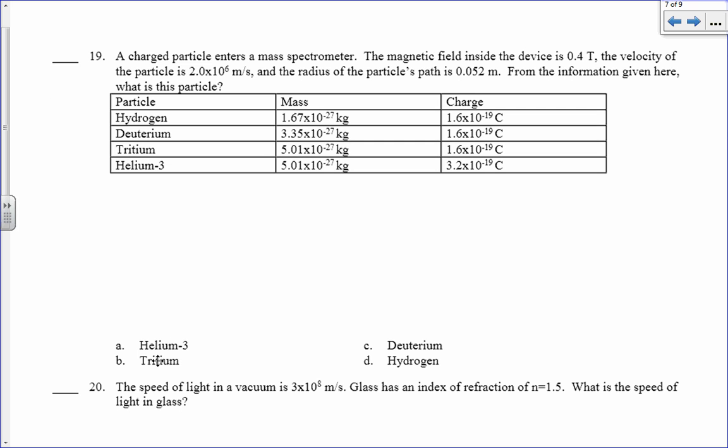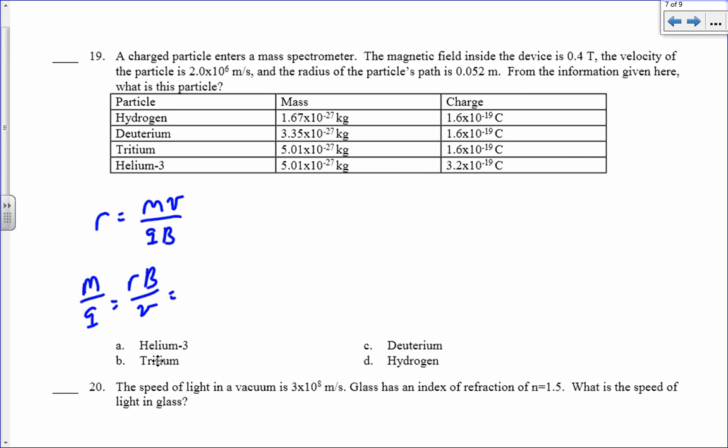A mass spectrometer has these quantities. I want to find this particle. R is mv over qB. I'm going to solve for m over q. That's rB over v.